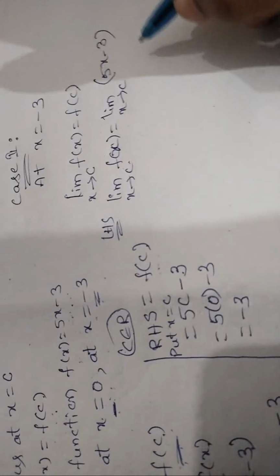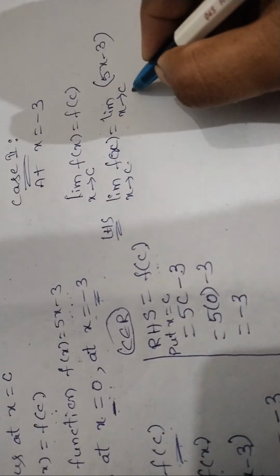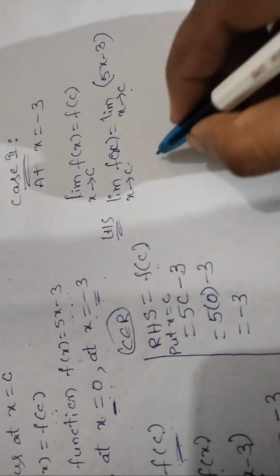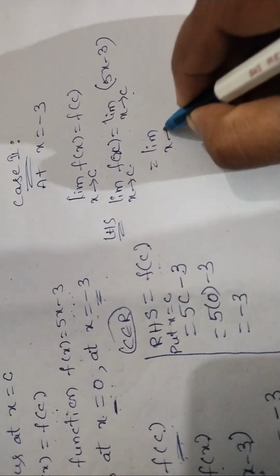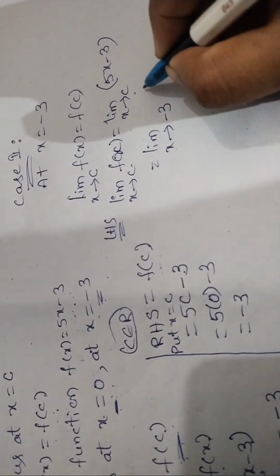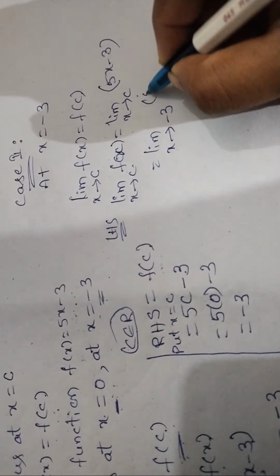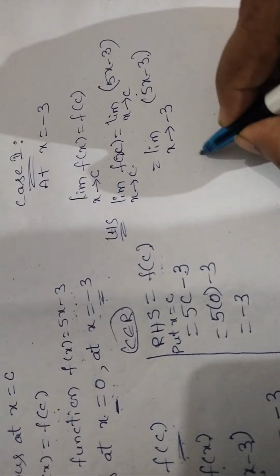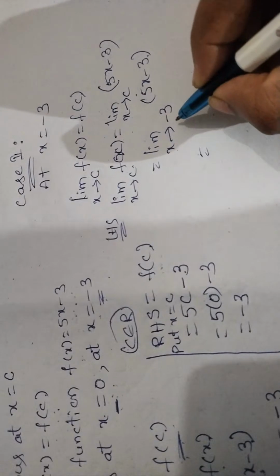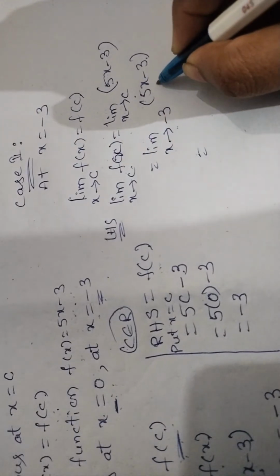So I wrote here. Now what is c? c is minus 3, right? x tends to minus 3, 5x minus 3.